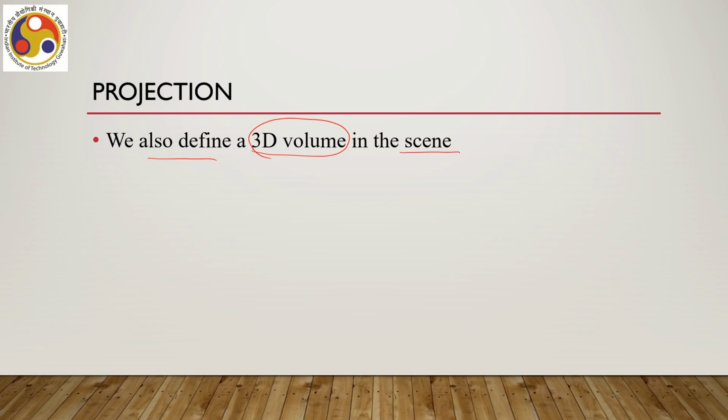That is basically what portion of the scene we are going to project. This is known as the view volume. So, the view volume defines the portion of the scene that we are going to project on the view plane.